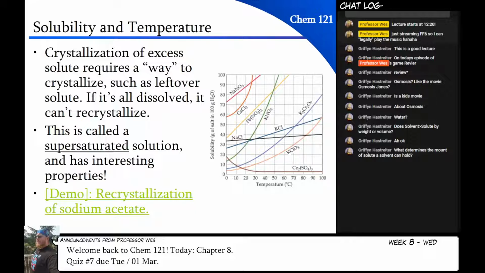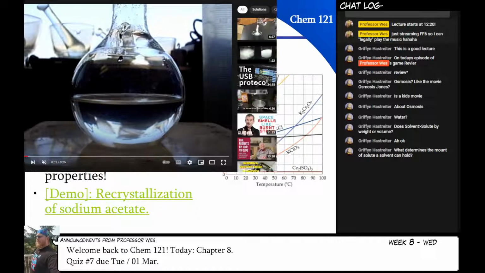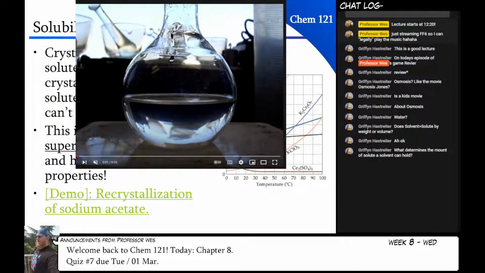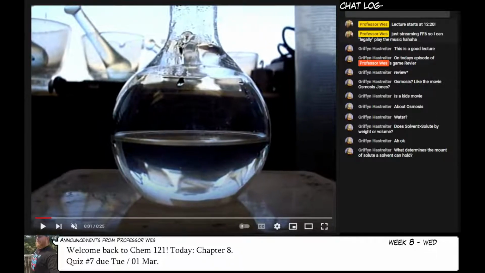I'm trying to pause the video so it doesn't play on its own here. Okay, here we go. Let me make this smaller so that I can embiggen it. There we go. All right, so this is a supersaturated solution of sodium acetate.